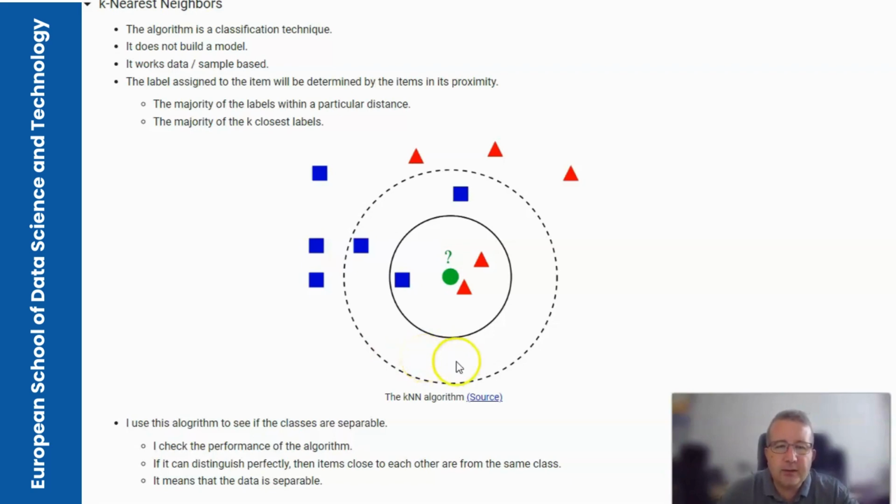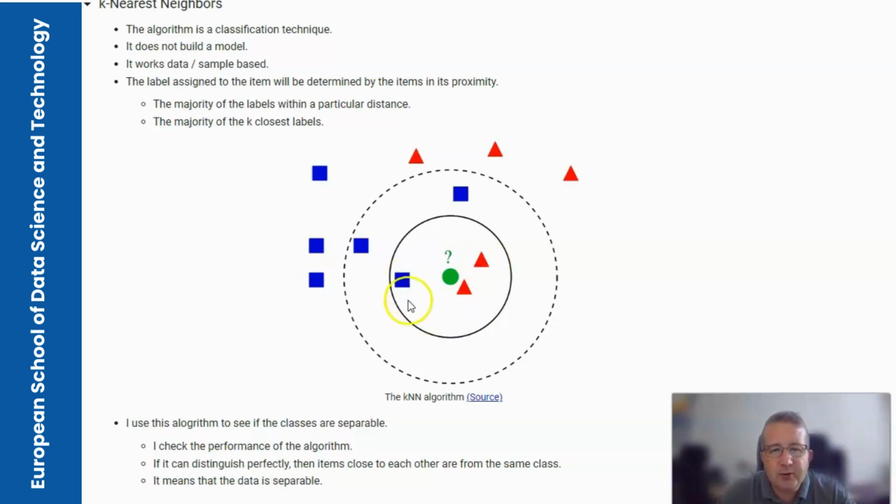The goal of classification technique is that if you have a new item, like the green one, then I have to assign a label to it. Is it a blue or is it a red one? And in this case, how KNN works, it draws a circle around the sample. Mathematically, you can say that you look around in the proximity of the sample with a metric, for example, with the Euclidean distance, but let's say that we draw a circle and we count how many red items are in the circle or how many blue items in the circle.